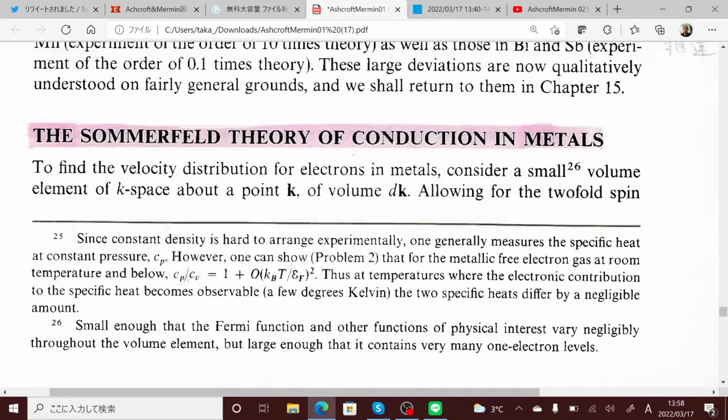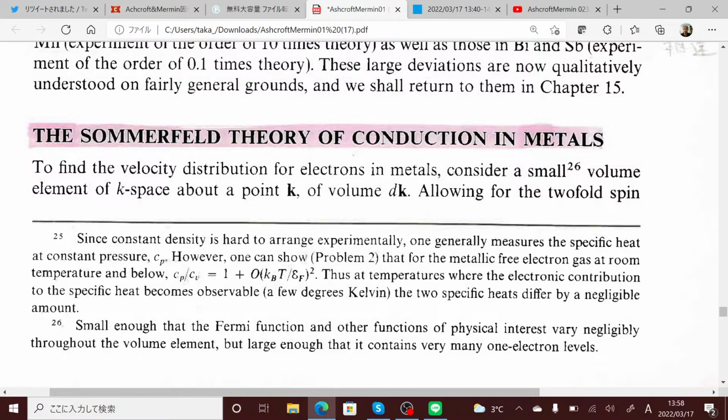Since constant density is hard to arrange experimentally, one generally measures the specific heat at constant pressure Cp.